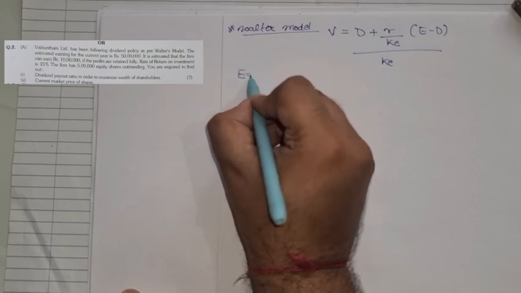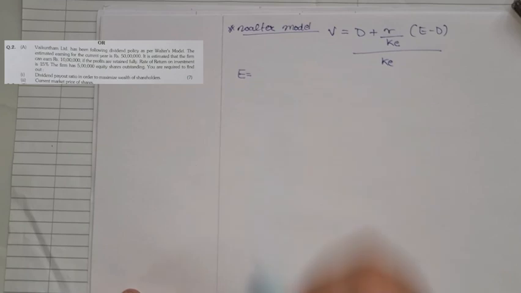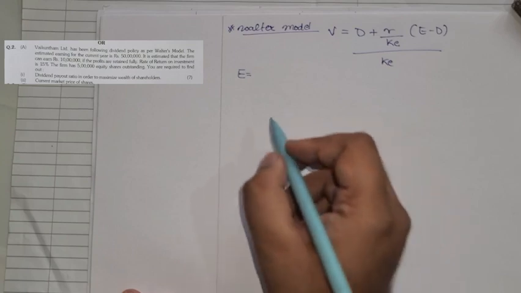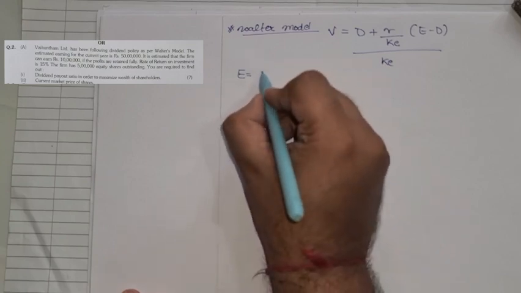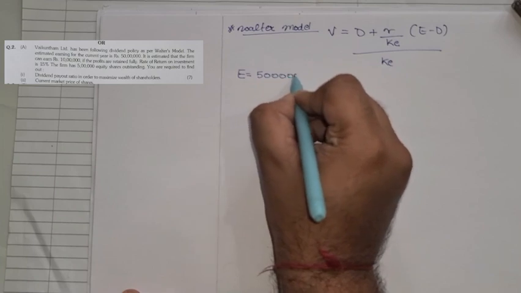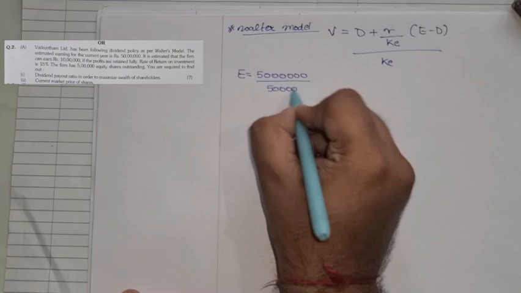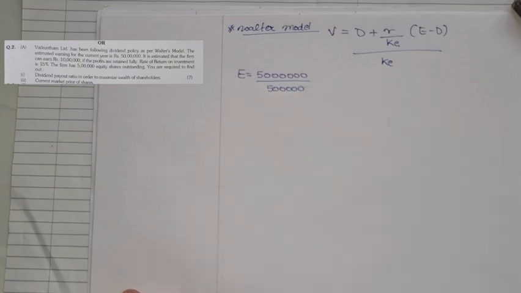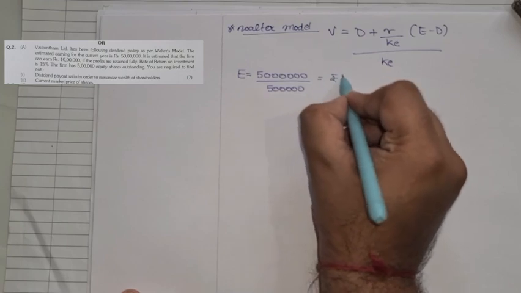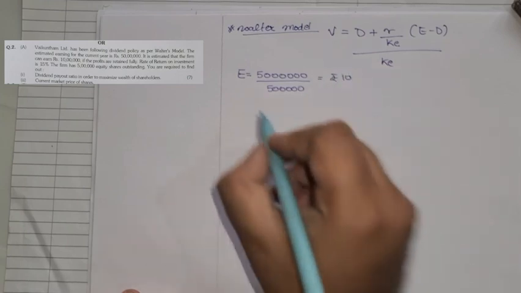Now earning per share formula will be basically your total earnings which they have given you divided by the number of shares. So total earning is given as 50 lakhs divided by number of shares which is 5 lakhs. So 50 lakhs divided by 5 lakhs, we get the earning per share as rupees 10. Number one.